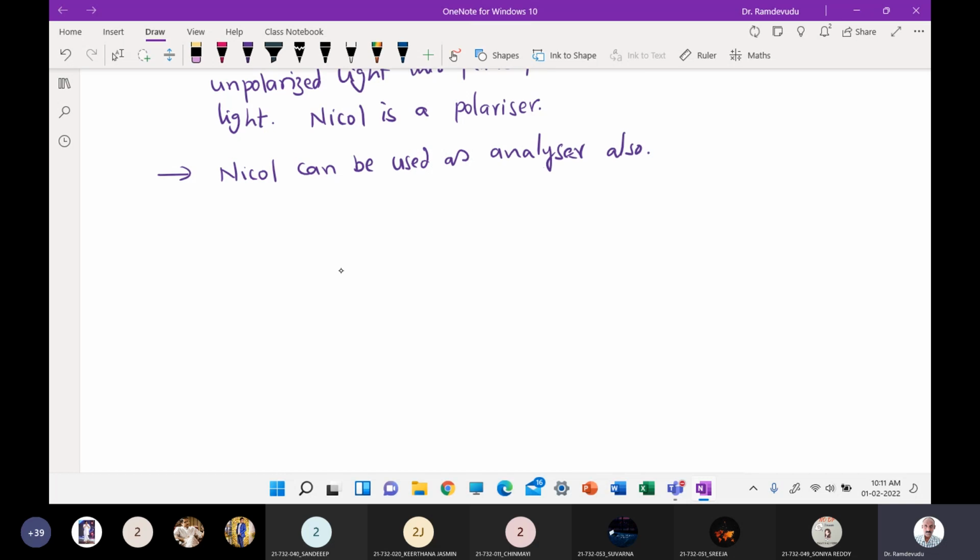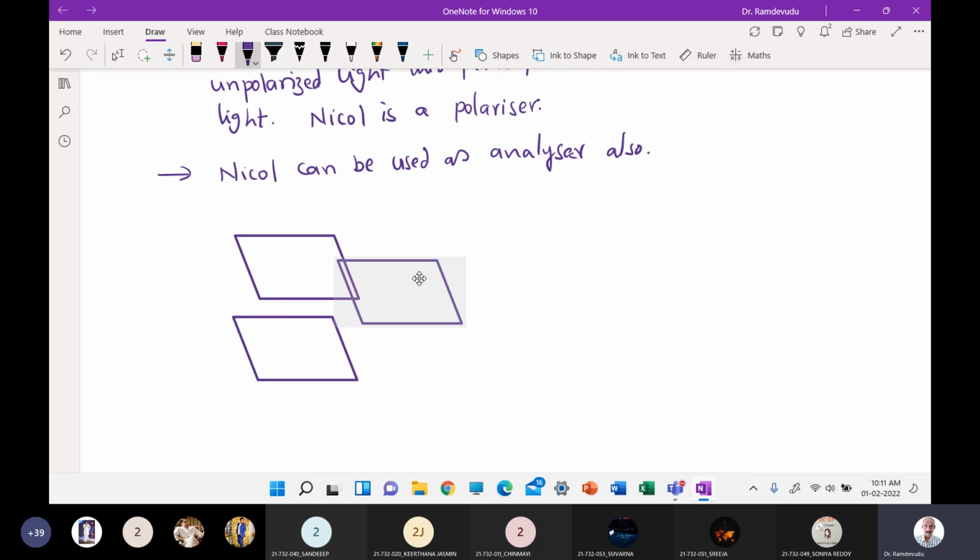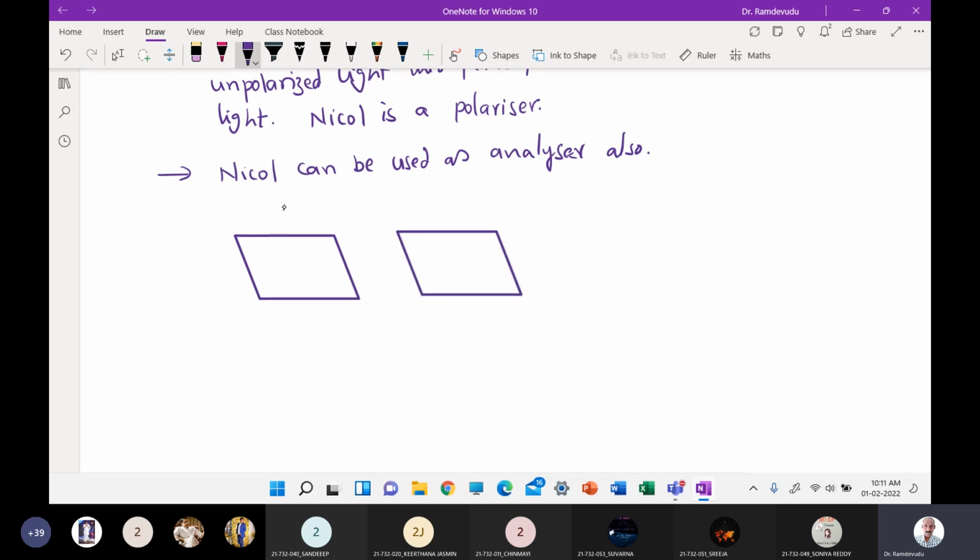This is the Nicol prism I'm taking, and I take another Nicol prism also here. Two Nicol prisms I'll take. Suppose this is Nicol 1 and this is Nicol 2, and this is the optic axis for this and this is the optic axis for this.